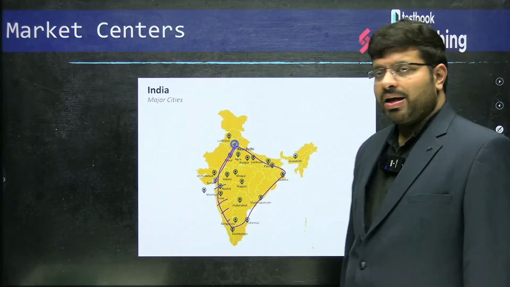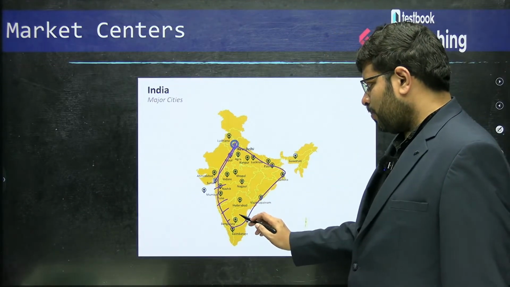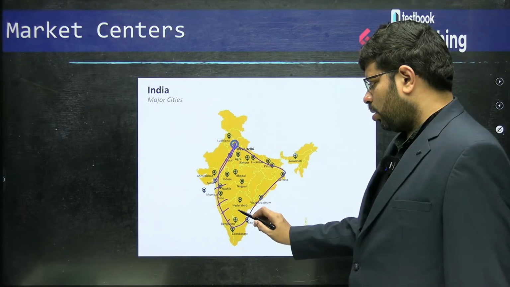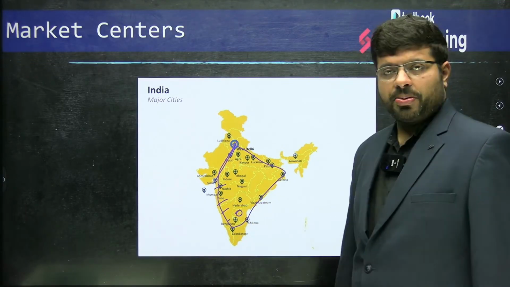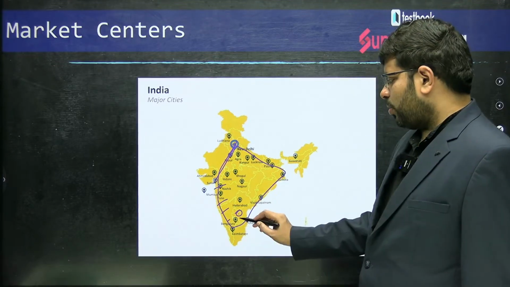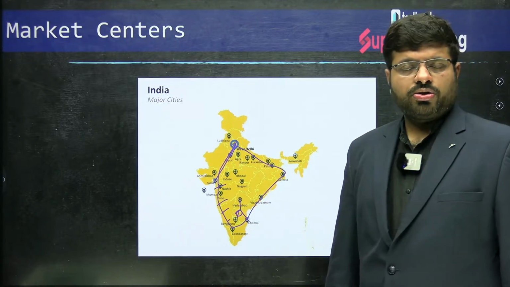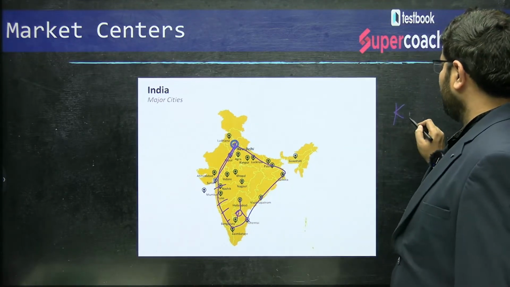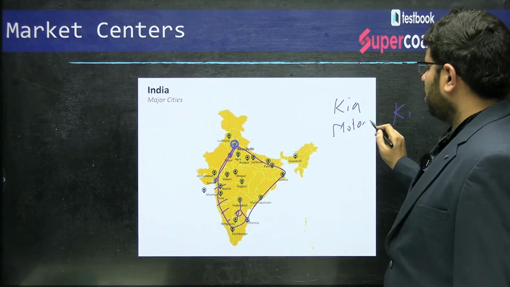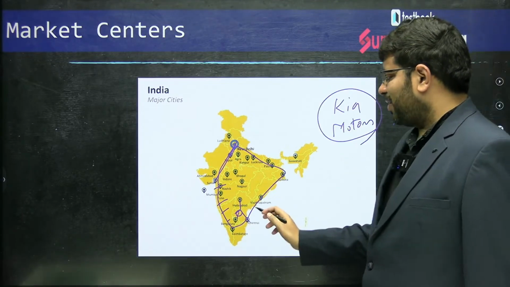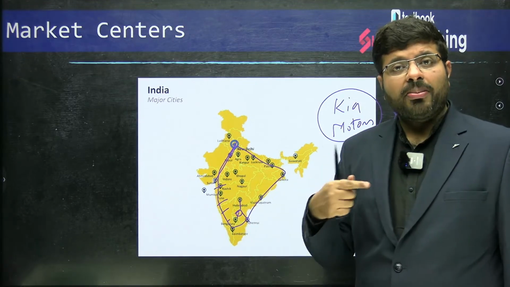For example, I remember there is a place called Anantapur in Andhra Pradesh. It is located at a tri-junction of Hyderabad, Bangalore, Chennai. So, here I think there is a factory called Kia Motors factory. You all know Kia company, right? It is located near Anantapur, where it can cater to the markets of 3 places.